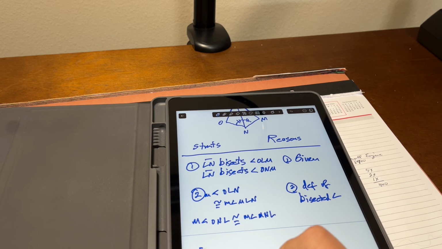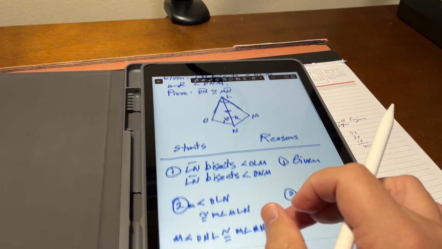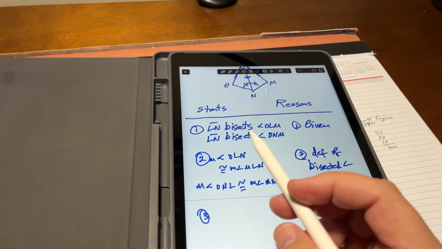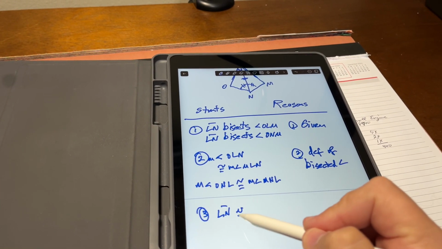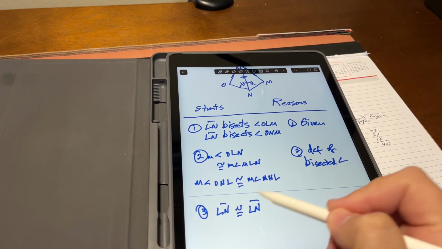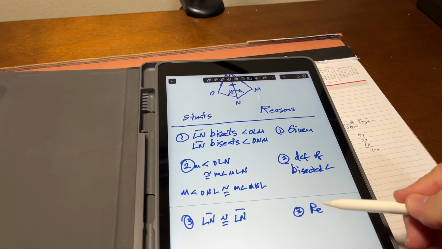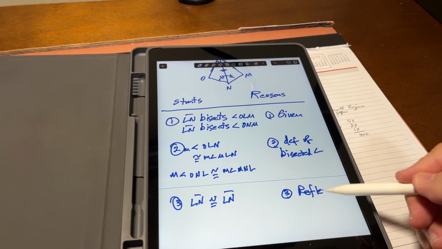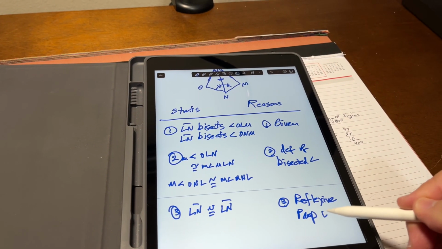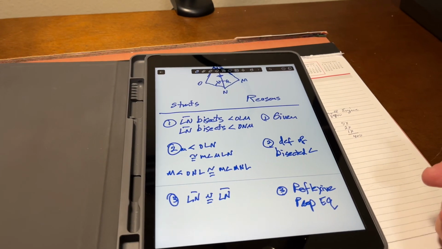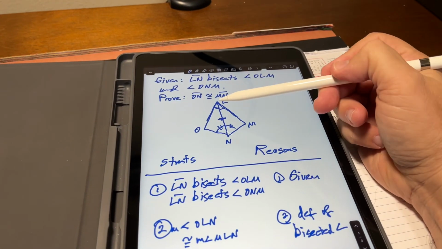So the third statement here is just simply that segment LN is congruent to itself. And that is the reflexive property of equality. So the reflexive property of equality says that a segment is congruent to itself.